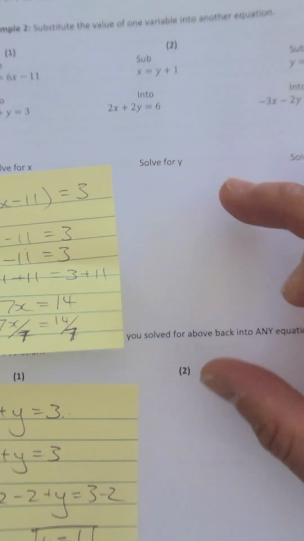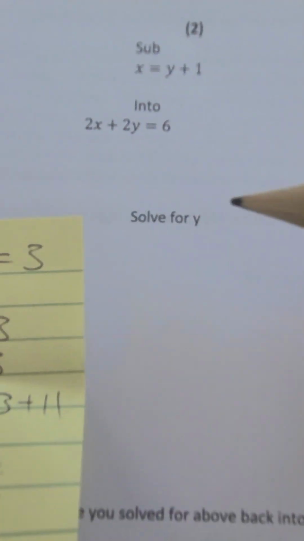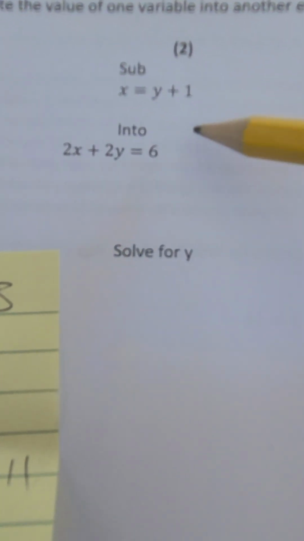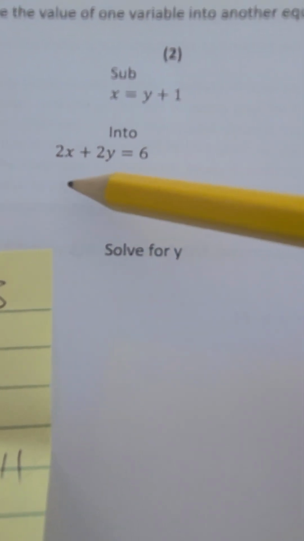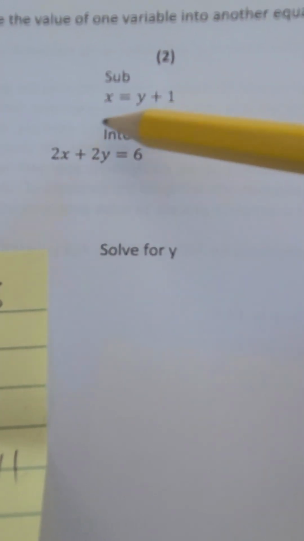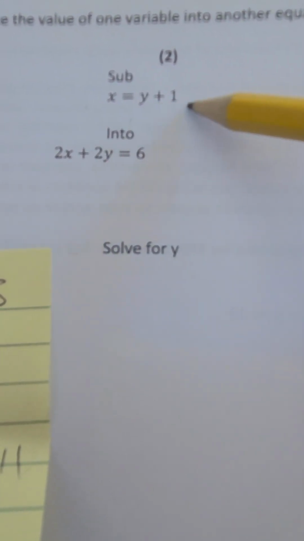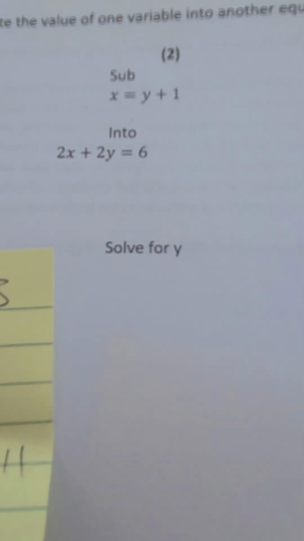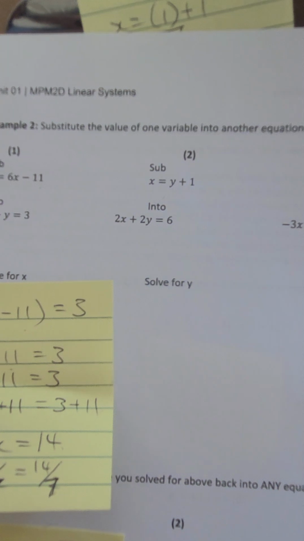Now, let's look at this other example here. They're telling you to substitute x equals y plus 1 into this equation here. So now you actually need to take this 2 and multiply it into the bracket. Let's look at this a little bit more carefully.